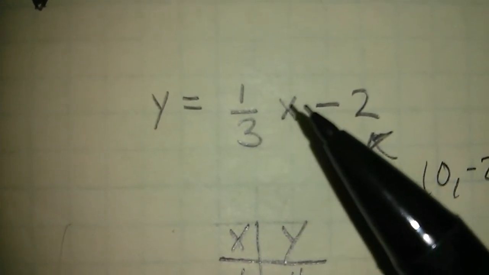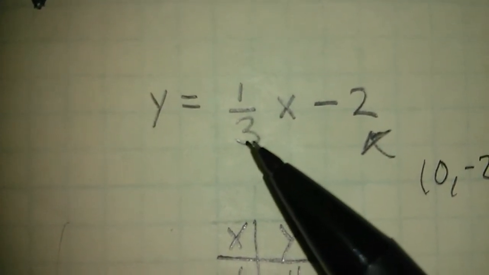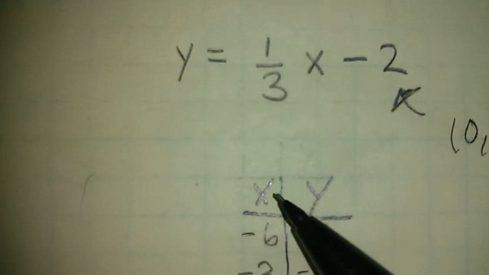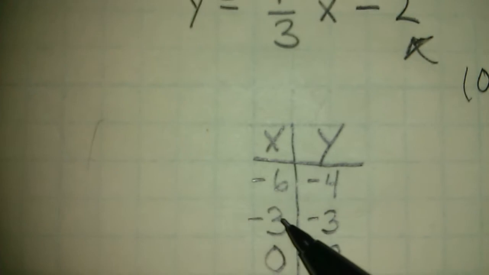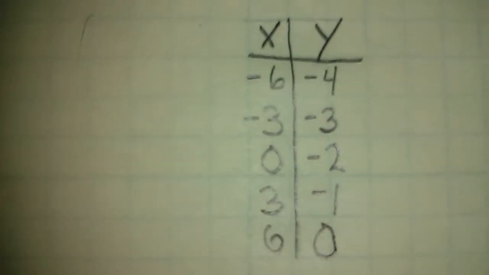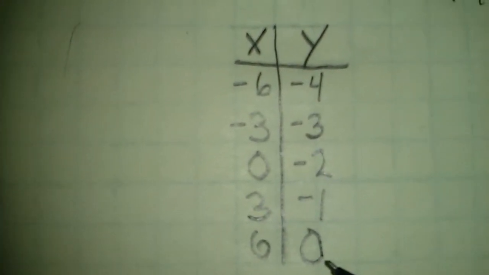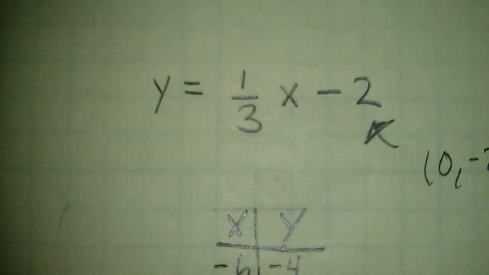If we plug in values that are multiples of 3, everything's going to work out nicely. So I'm going to pick numbers that are -6, -3, 0, which we're given right away, 3, 6, 9, 12, 15. All of those numbers are going to end up being nice, clean numbers that we can then plot.